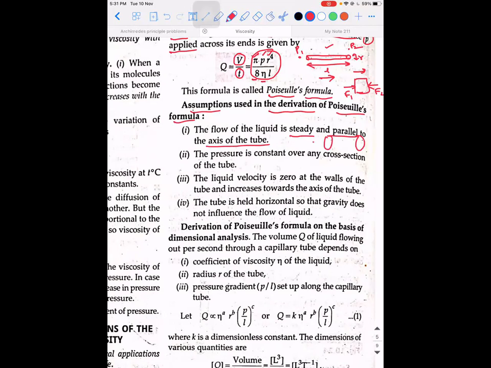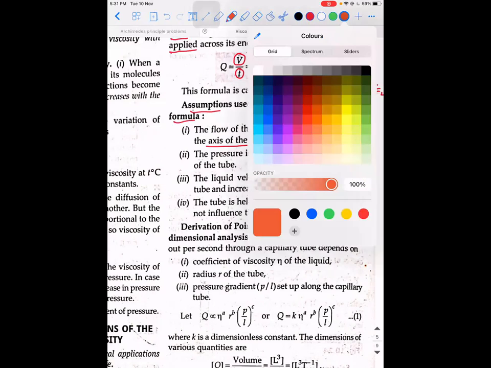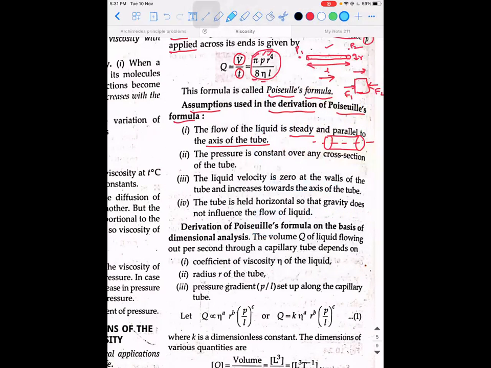If the tube is like this, the horizontal line that is passing through the tube is called the axis. So liquid is supposed to flow parallel. It should flow in this direction. It should pass parallel to the axis.